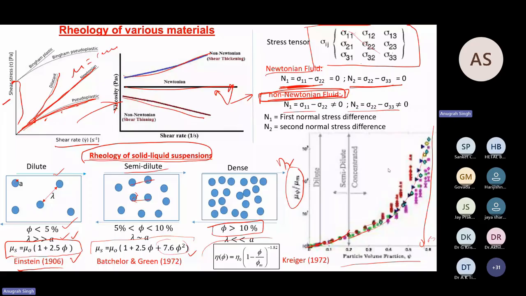So our goal is this: we cannot have an analytical solution for dense suspensions, but they can be computed numerically. We can compute the viscosity and N1 and N2 for the dense suspension. Experiments we can of course do, but experiments need more time, and you also have limitations of visualization.